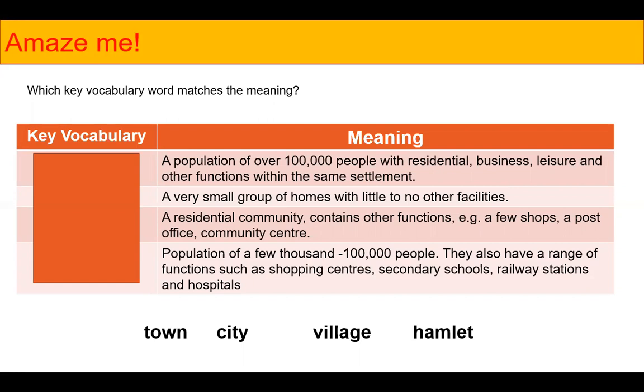Third, which settlement is a residential community containing other functions such as shops, post office, and community centre? And finally, which settlement has a population of a few thousand to 100,000 people? They also have a range of services, including shopping centres, secondary schools, railway stations, and hospitals. I'll give you about 10 seconds to have a think about that, or you can pause the video to get your answers, and I'll give you the answers in a couple of seconds. Pause the video.